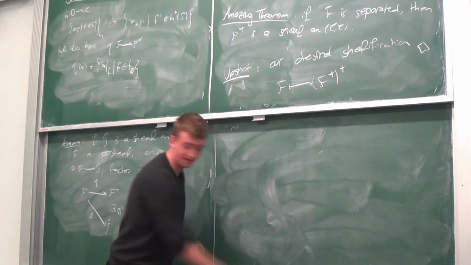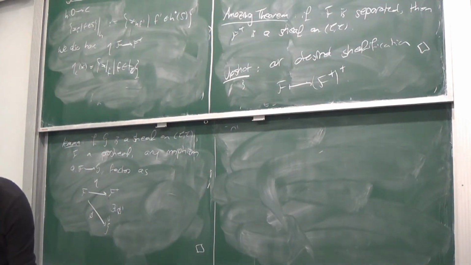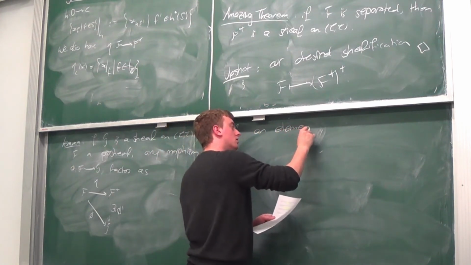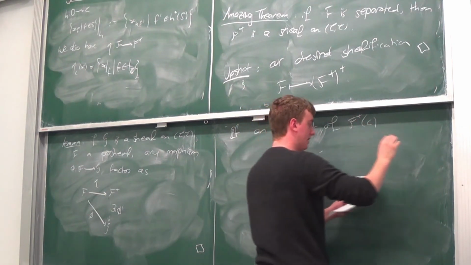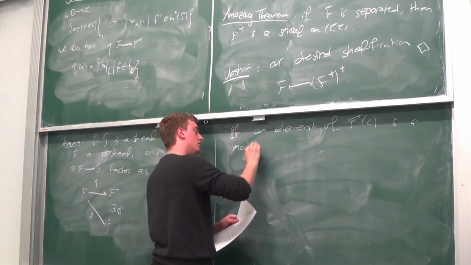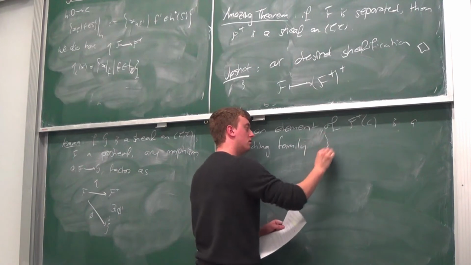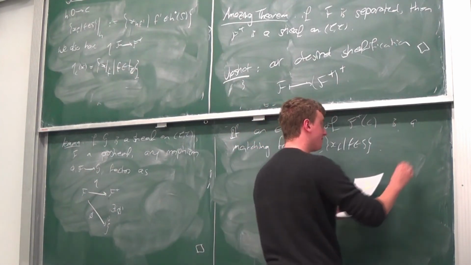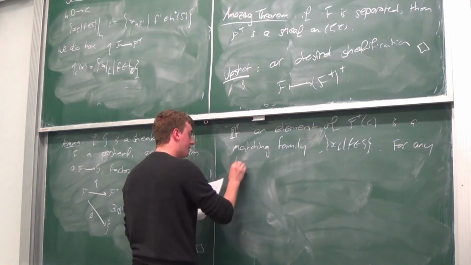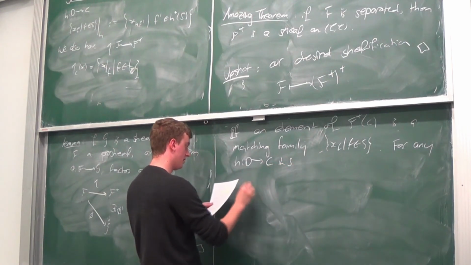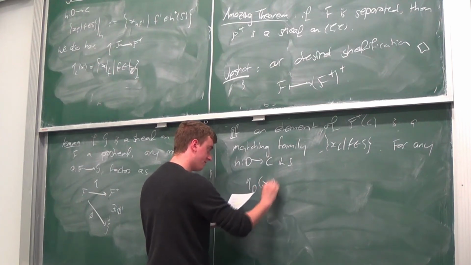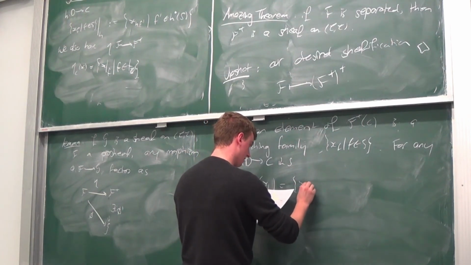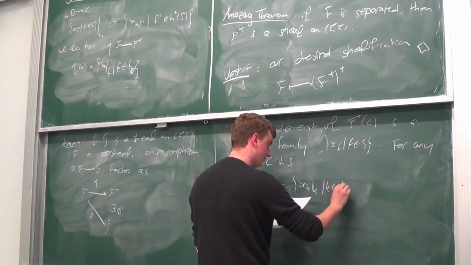We're working with this plus construction. So an element of F plus of C is going to be a matching family for some covering S of C. And we know that for any h from D to C in S, the restriction of x_h along k, for k in the maximal sieve of D, is a matching family.